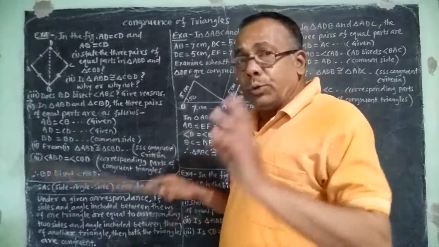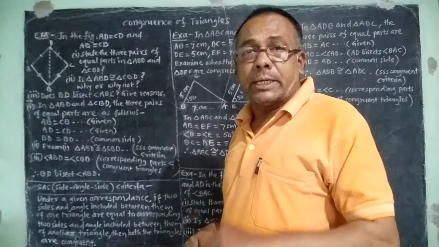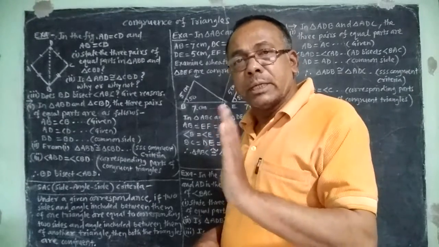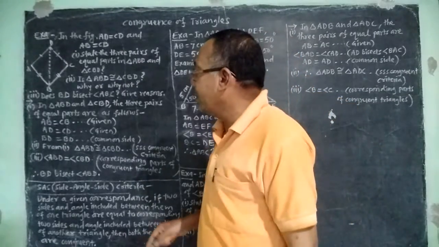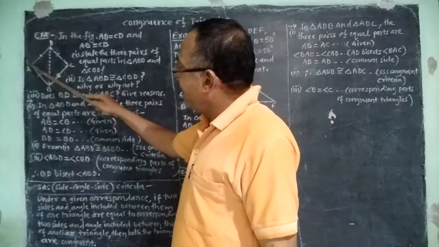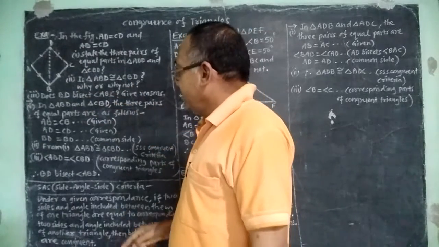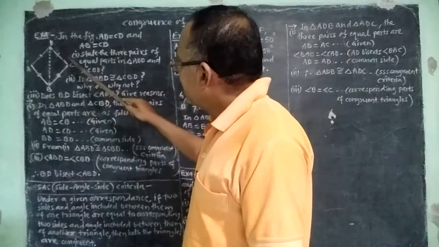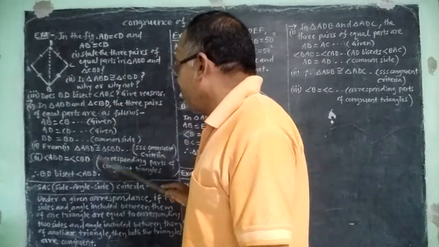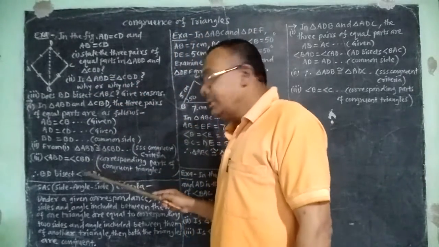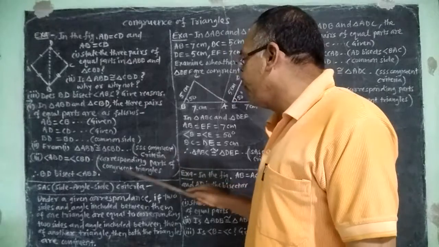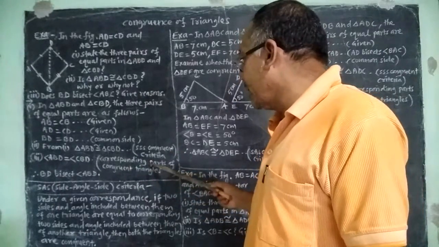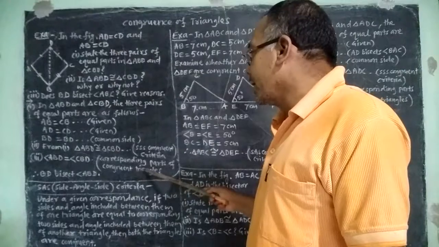Then we know that if two triangles are congruent, then corresponding sides and corresponding angles are equal. Here it is seen that angle ABD equals angle CBD, that is corresponding parts of congruent triangles, CPCT.